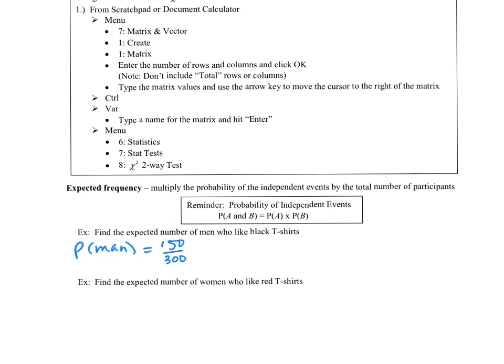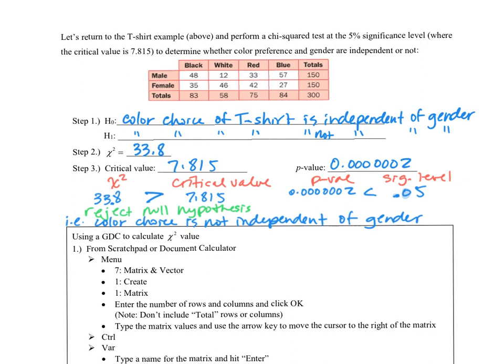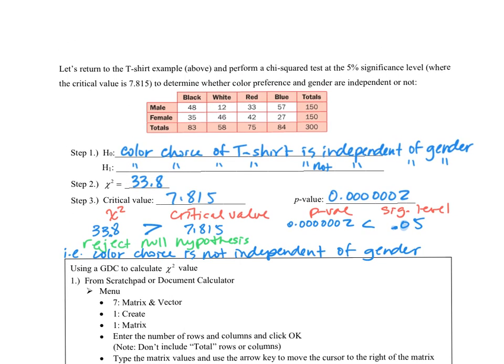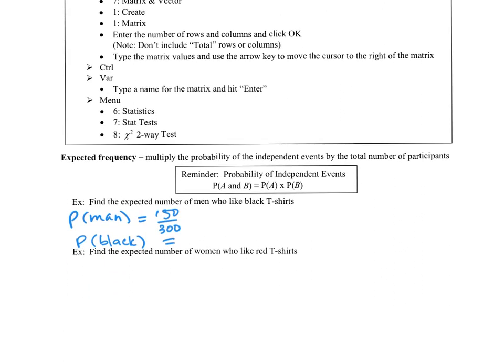Then the other probability we need to look at is the probability of a person, either man or woman, choosing a black t-shirt. So again, looking at the table, the total number of people that chose black t-shirts, there were 83 of them out of 300 people. So that would be 83 over 300.